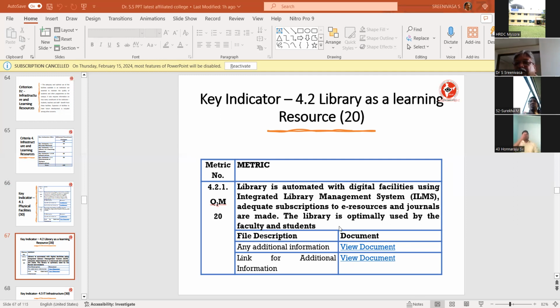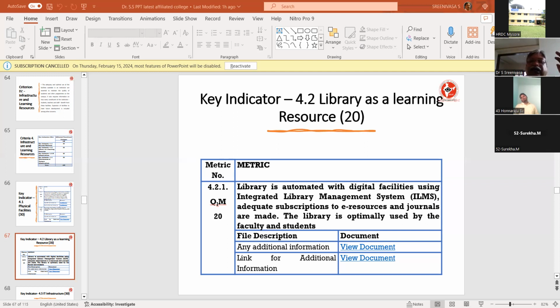They can open the books, get the information, and how the librarian helps research scholars by providing information to do their research, and how many people visit the library regularly. All that information has to be documented.